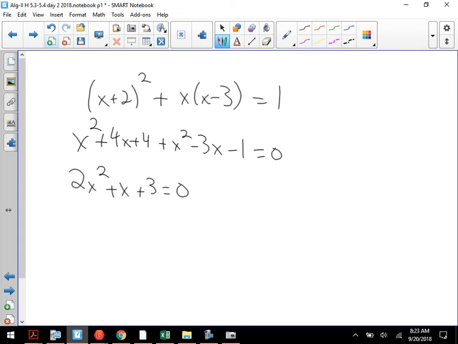What times what is 6 and adds together to get 1? Nothing. It's not factorable. Then there are no real zeros. We can't factor it.